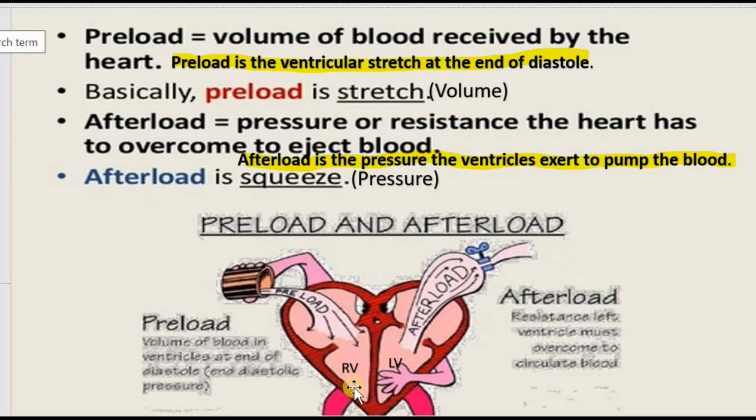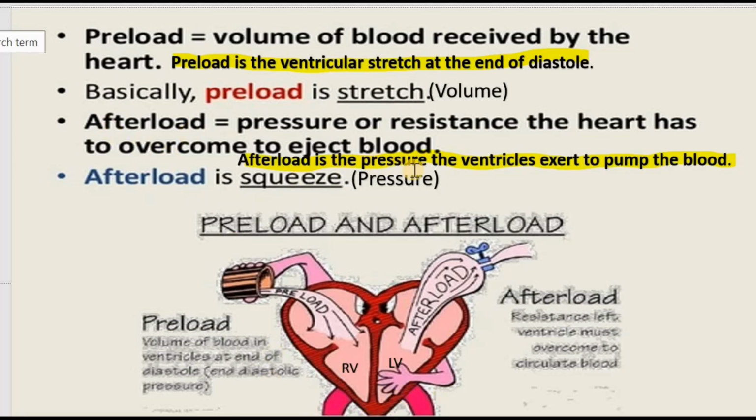To pump blood from the ventricle, the heart has to exert some pressure.